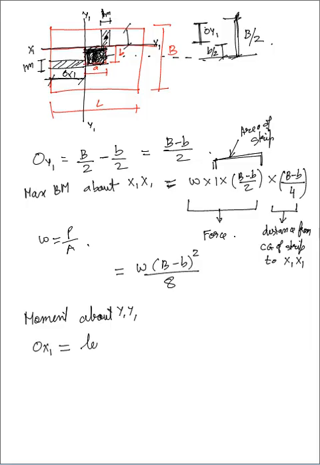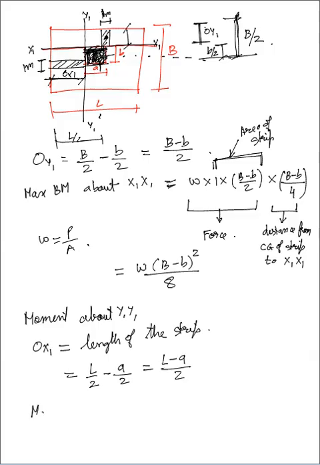OX1 is basically the length of this strip. What is the width of strip? The width of strip we have taken as 1 meter. So the length of strip I have to find out. It will be this half, L by 2, minus half of a, so it is a by 2. So it will be (L minus a) by 2.